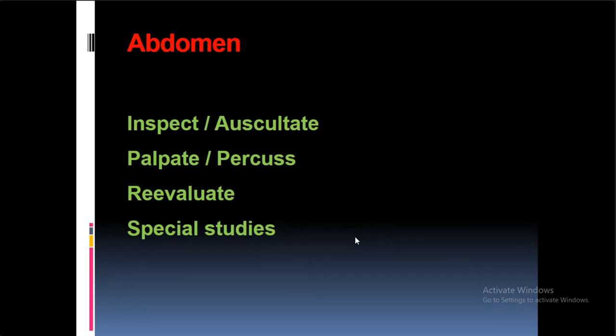After that, I do FAST or DPL as in the primary survey. Then I do special studies. The special studies mean I should do an abdominal CT, or a DPL, or if I found nothing in the FAST in the primary survey, I can repeat it now in the secondary survey.